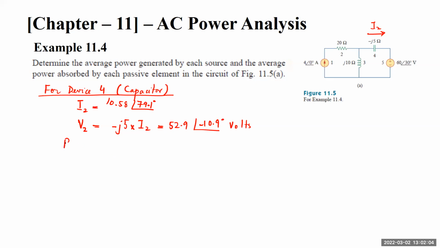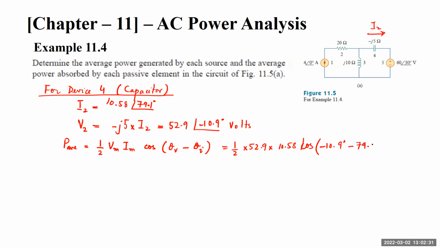Now average power is half Vm Im cos of theta V minus theta I. The magnitude of voltage is 52.9 multiplied by the magnitude of current 10.58, cosine of minus 10.9, voltage angle, minus 79.1.